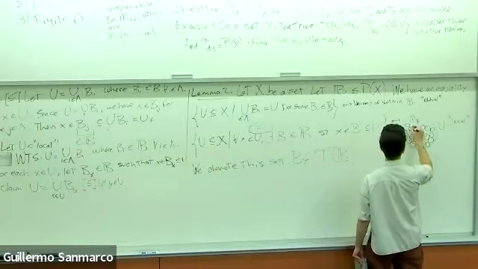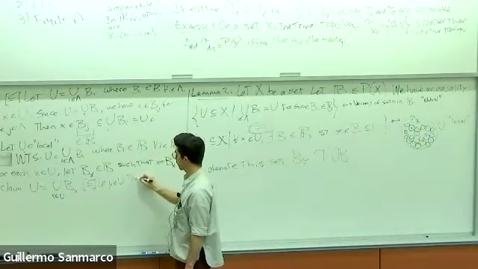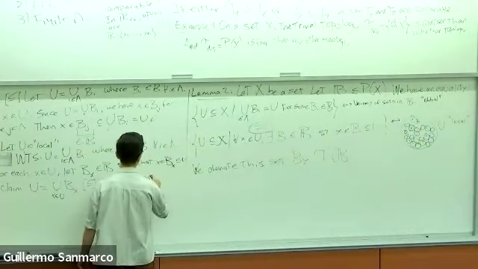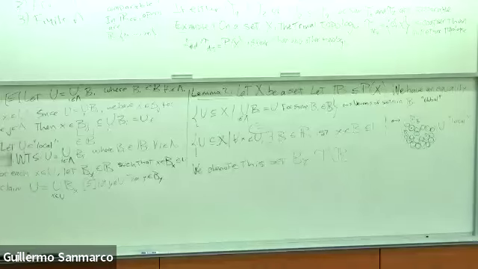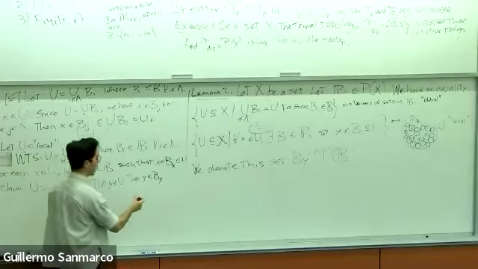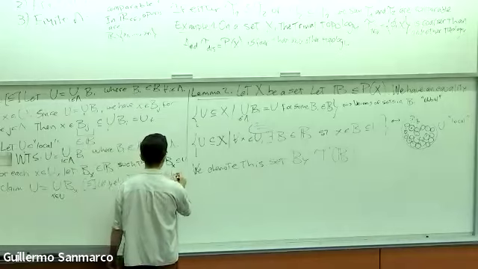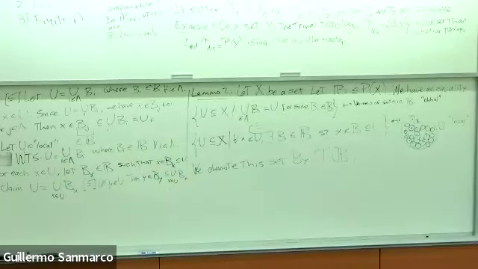So you take your y, it's inside By. Then it's also in the union, because By is a subset of the union over all x in U of Bx. So that inclusion is for free.